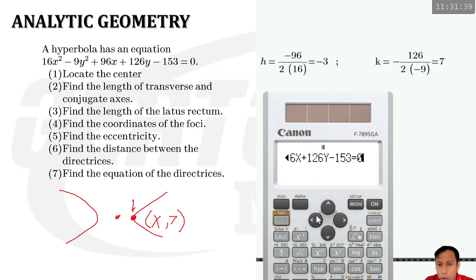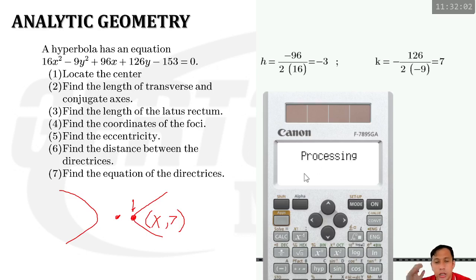So yung gagawin ko again, I'm gonna find x with y equal to 7. And if wala akong makuhang value ng x, upon knowing that h is negative 3, dapat this is somewhat negative 3 plus something, let's say, 10. Let me try that.